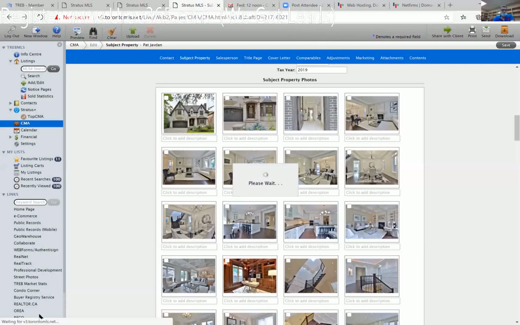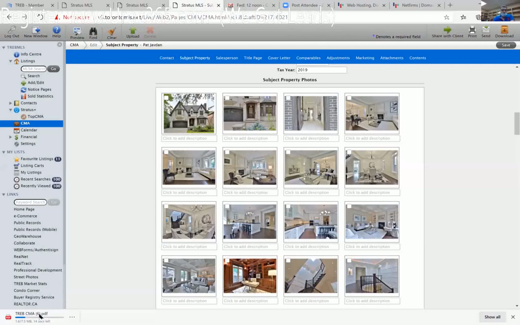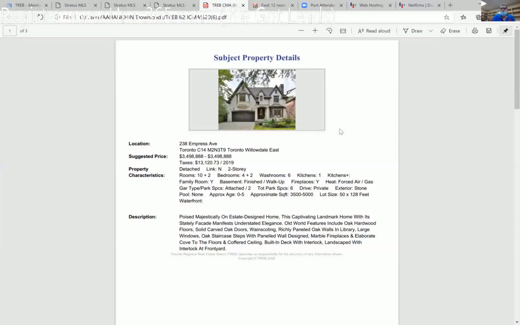Okay, now you see what you get after the download. This is the report that you prepared.